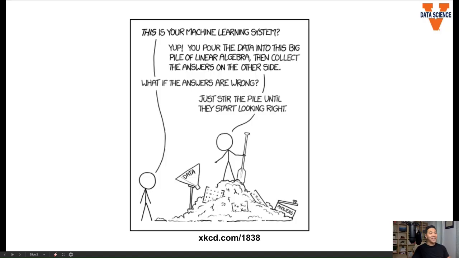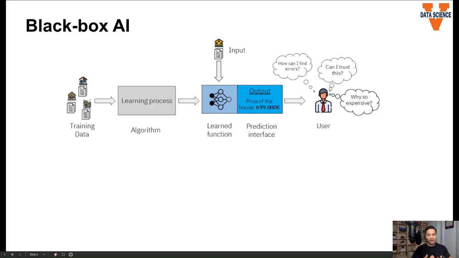So in that sense, a lot of machine learning has this skewed view of how the data was actually processed, and that's what's called black box AI. In black box AI, even though the algorithm is able to provide a prediction result, the user is often left wondering: can I trust this system?